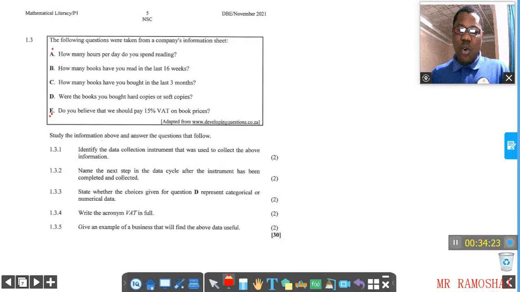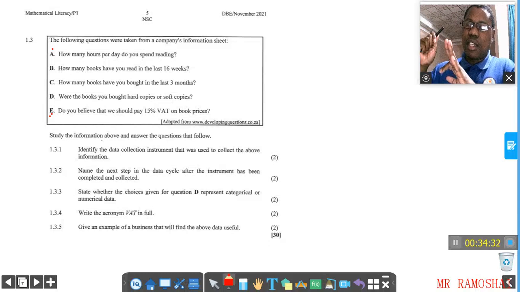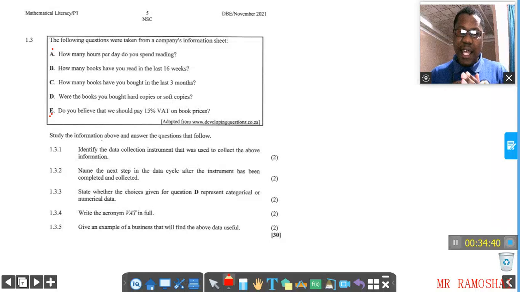So we know that the methods involved in collecting data are 3: observation, survey, and interview, right? So now you ask yourself, can an observation be an instrument?